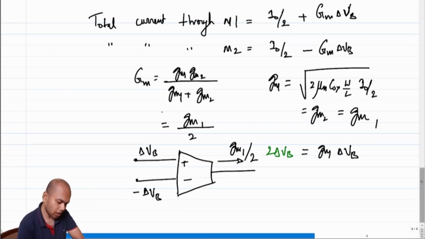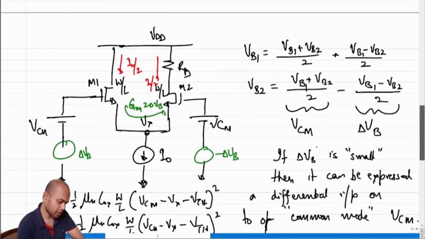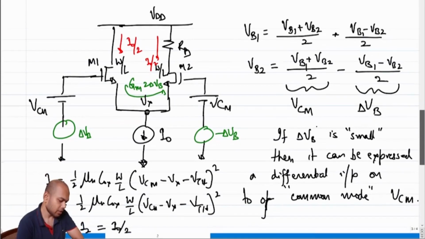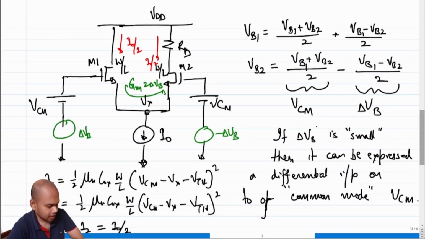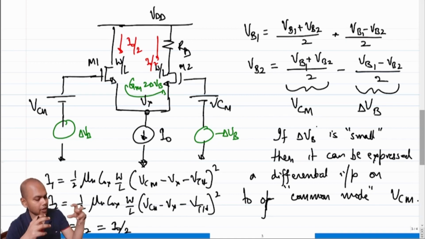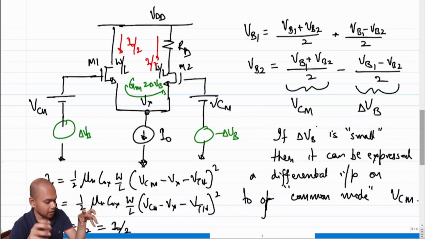Fine. So what is the moral of the story? The moral of the story is, there are several models. The primary one that we are discussing in this case was, if we don't have identical bias conditions at the gates of M1 and M2, and assuming that the biases are slightly off, by slightly off, I mean the difference delta VB between the biases can be thought of as a small signal difference.